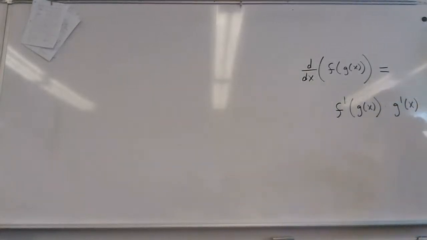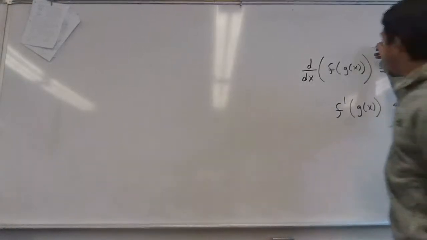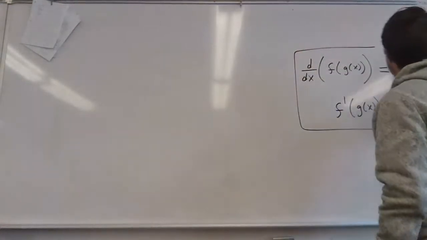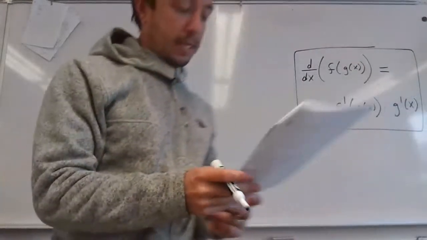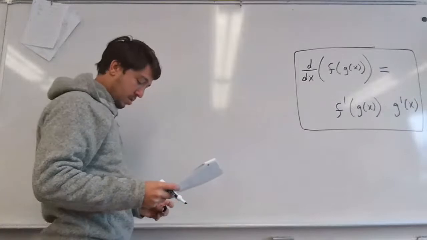In our old formula, when we use the u's, this is f prime of u, and that's the u prime you tack on. Everyone cool with that? Okay, so we're going to use this on 16 and 17.